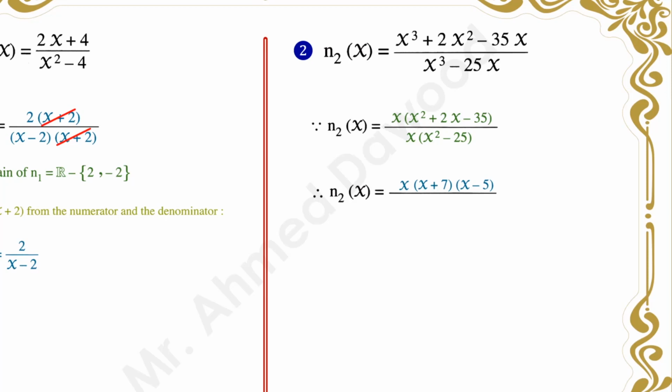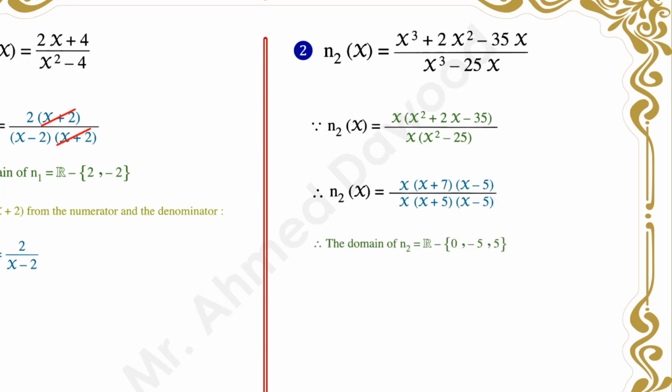Then factorize the denominator. I will put x as it is and factorize x^2 - 25 as a difference between two squares: (x + 5) times (x - 5). Before cancelling the similar expressions from the numerator and denominator, write the domain. Write the domain, don't forget, before cancelling the similar expressions.